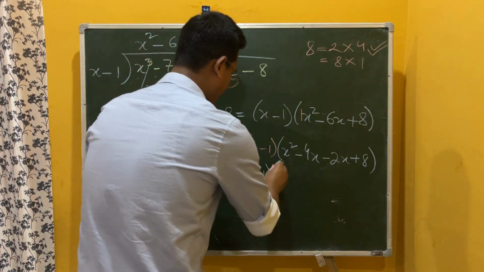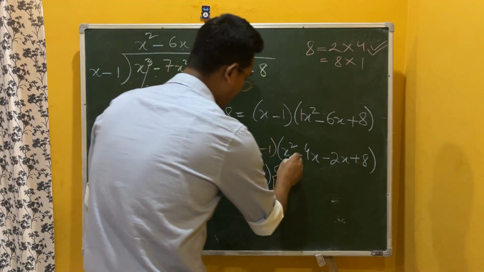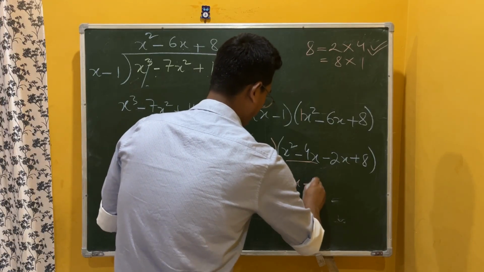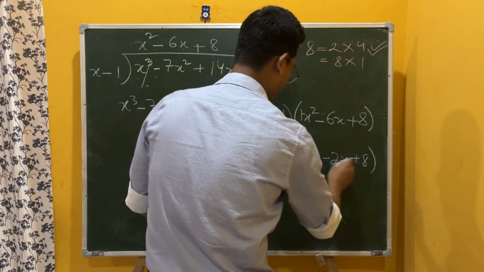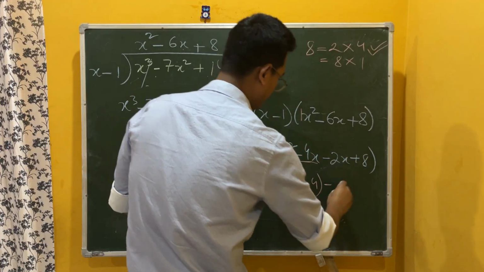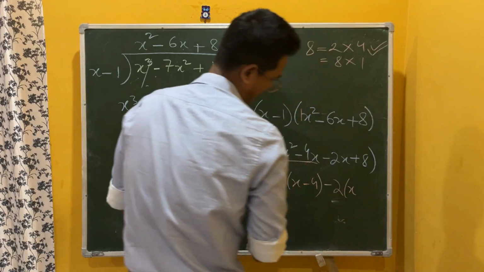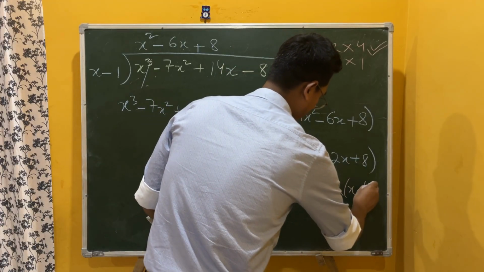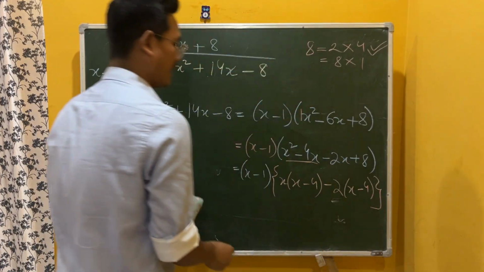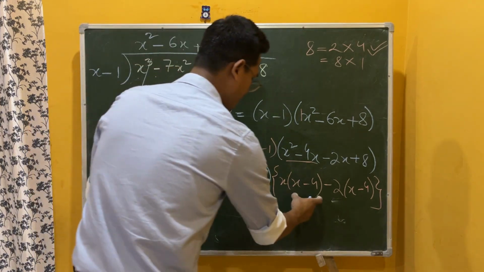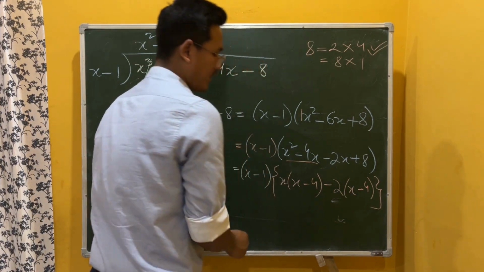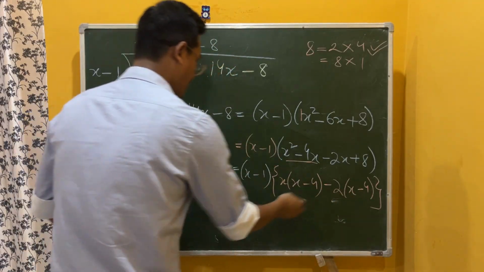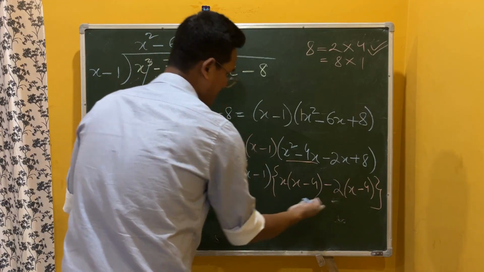So here I'm going to give a curly bracket and take common from the first two terms. So it is x minus 4. From here the sign is going to come down. 2 is common. x minus 2 into how much is plus 8? Minus 2 into minus 4 is plus 8. In fact, these two quantities inside the bracket must be same and consistent.